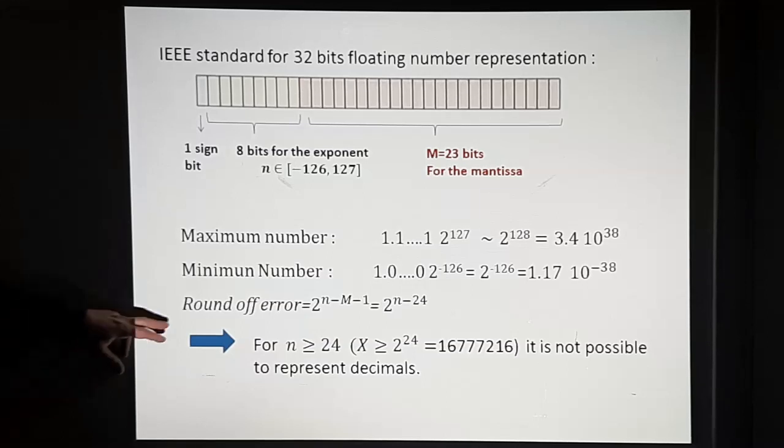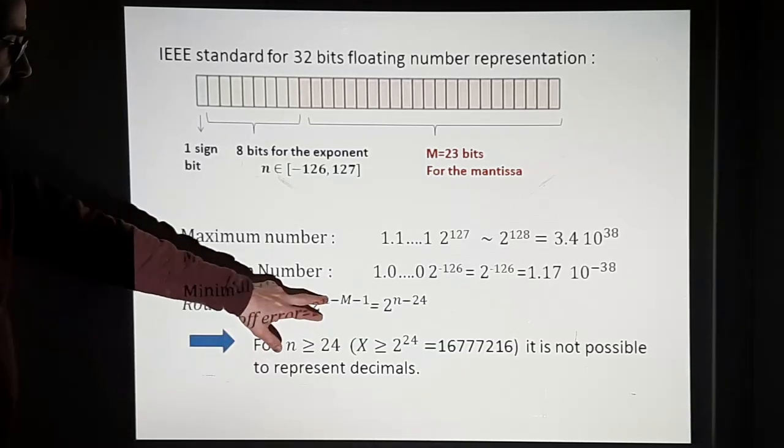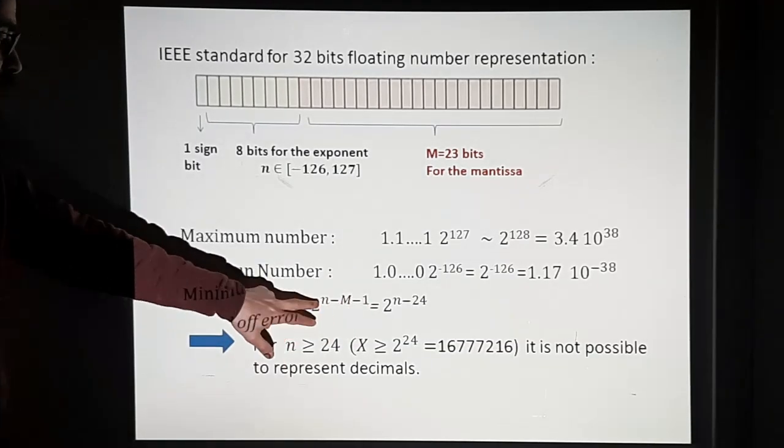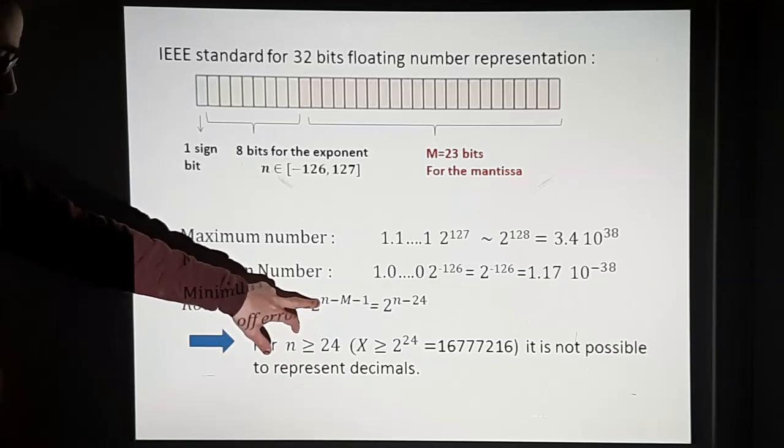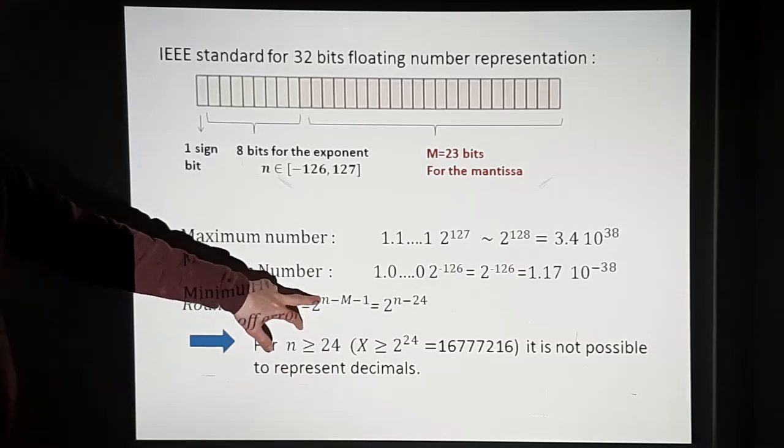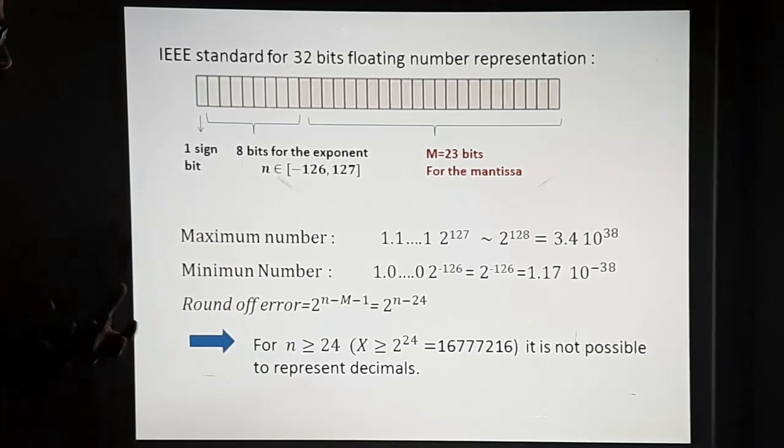And now the round-off error is 2 power n minus m minus 1, where n is the exponent for a given number x. So if you want to know what is the n for a given number x in base 10, just take the log 2 of this number.